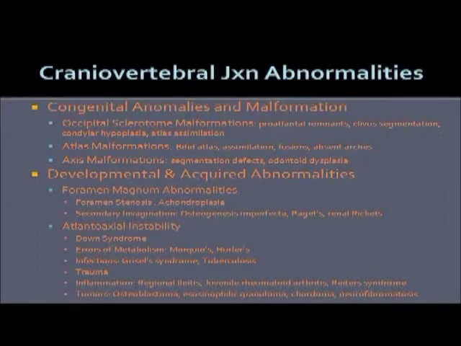And it's not an uncommon thing, as we're recognizing and looking for this more often, to see on imaging, even as a patient's first presenting, abnormalities at the craniovertebral junction.